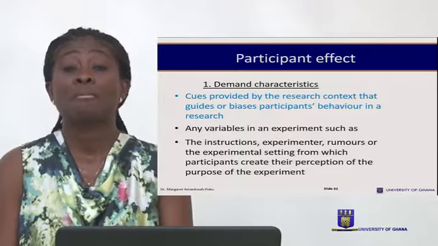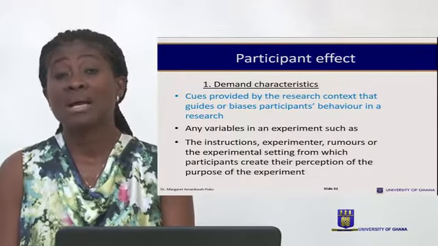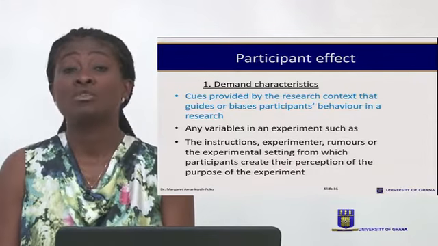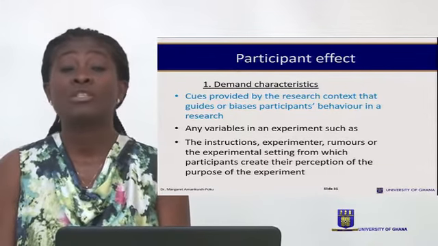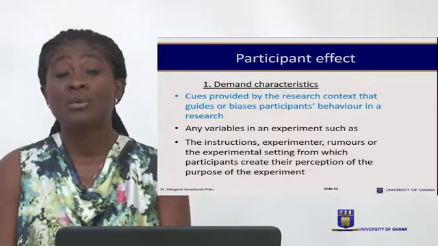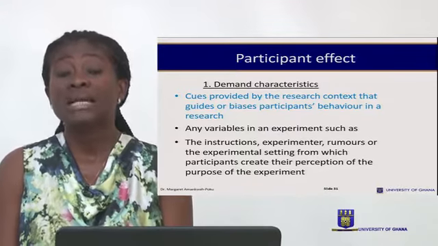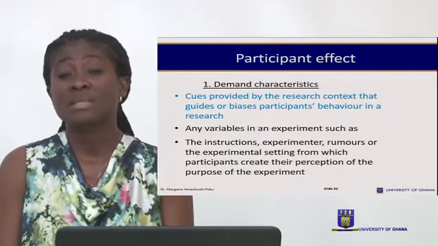So sometimes you may be recruited to be part of an experiment, and then you know people who have already been part of the experiment. So you ask them, what is this experiment about? What did you do? And based on what they tell you, you form your own impression about what the experiment is about. And so that could affect the kind of responses that you make.